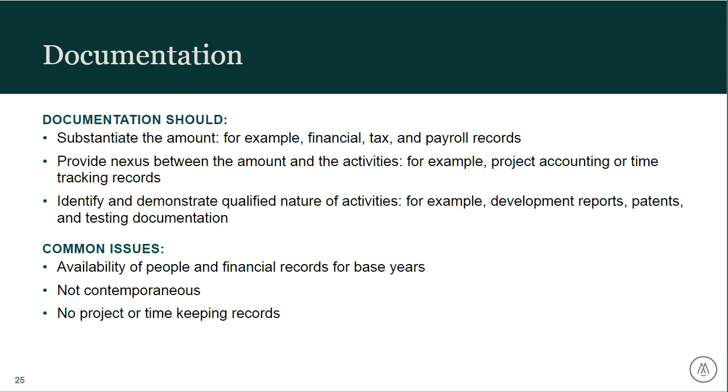So you want to talk to these people while they're still employed at your company, and it's important to be proactive about this. Going back in time to gather historical records may be required to calculate your credit, and it can pose a lot of challenges. So it's important to be proactive and stay on top of that. But overall, this should provide you a pretty good baseline of the types of records that, in the past at least, have been acceptable for supporting R&D credits.